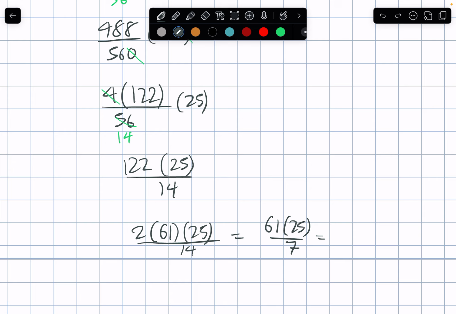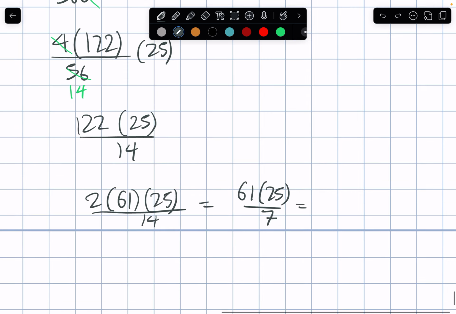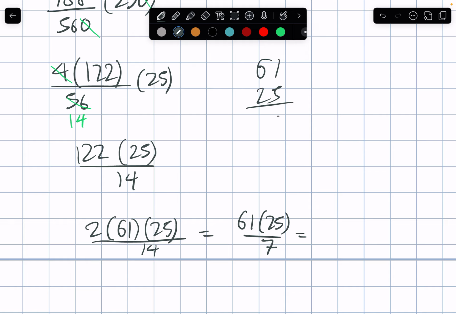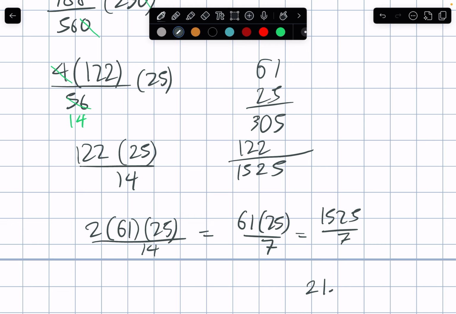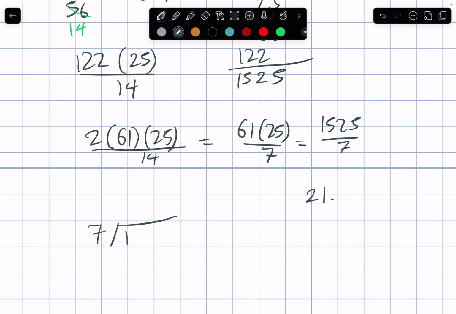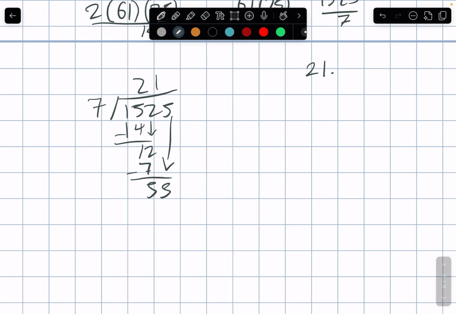This could have been 63. 21 point something.